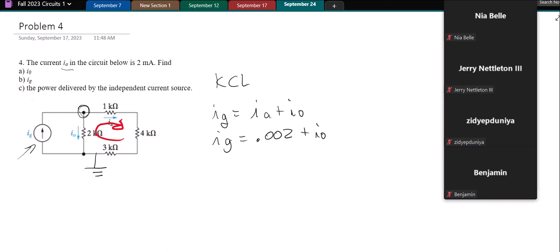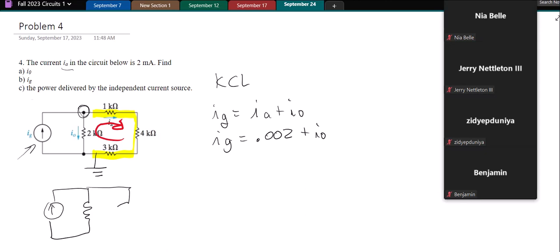Notice that I have the same current through all three of these resistors. Now those three resistors are in series, and so I could replace them with an equivalent resistor of 8 kiloohms. Have y'all done resistor simplification in class yet? Yeah. You have. Okay, so I will do that because that'll make this a little bit easier.